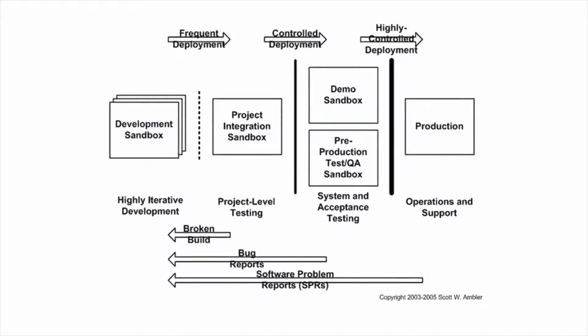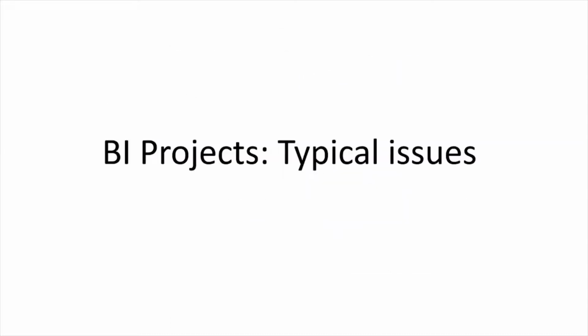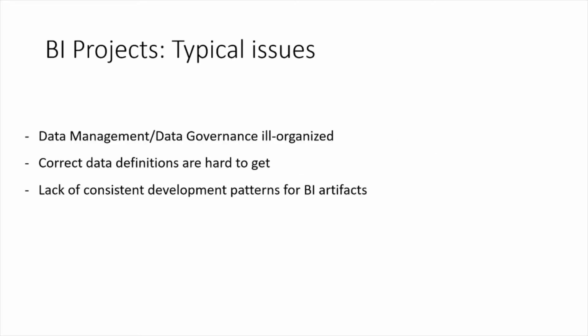Okay, perfect. Great. Now, let's review some typical issues we could find working on BI projects. The most important and most frequent problem is that data management or governance is poorly organized. Sometimes you start working in an organization, you have a BI project assigned, and the first question you'd like to ask is: what about your data governance, how do you manage your data?